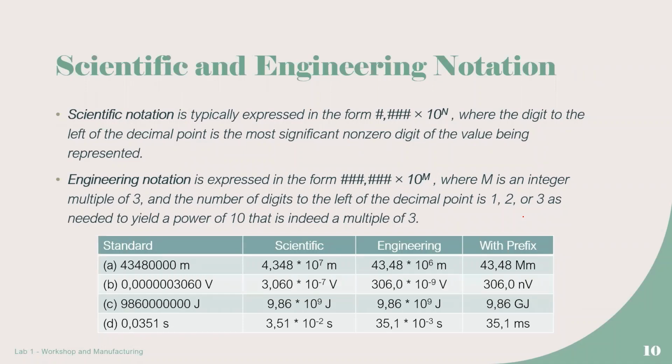And notation. So we have scientific notation and we have engineering notation. What are those? Okay, so let's get through the example. In engineering notation, you have exponent m, which is a multiple of 3.